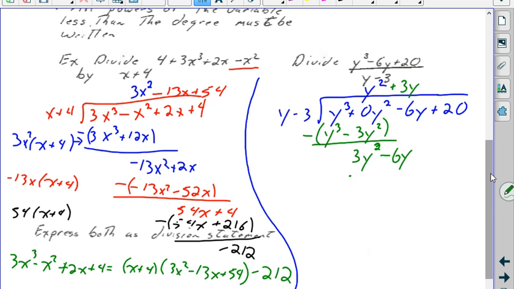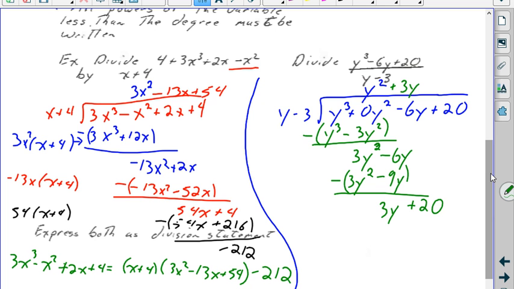3y times y is 3y squared. 3y times negative 3 is negative 9y. Subtract. The 3y squareds disappear. Negative 6 minus negative 9, again, is a positive 3.